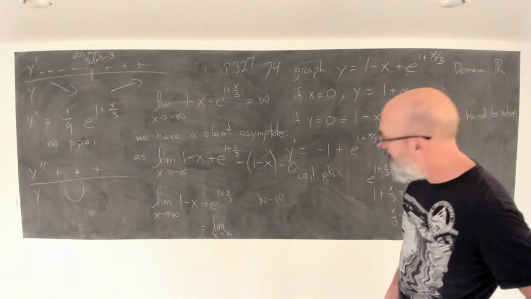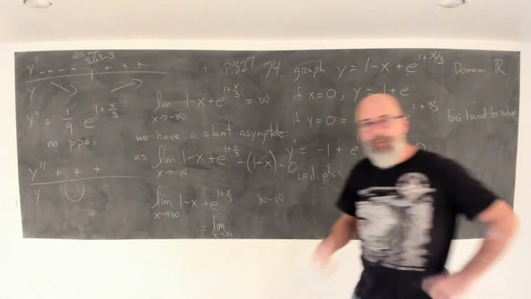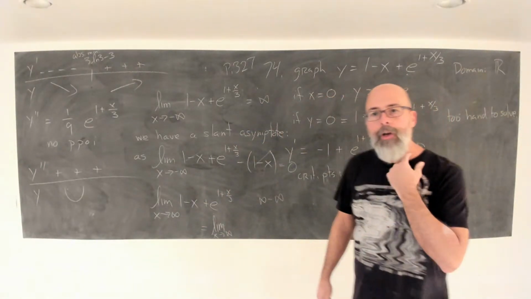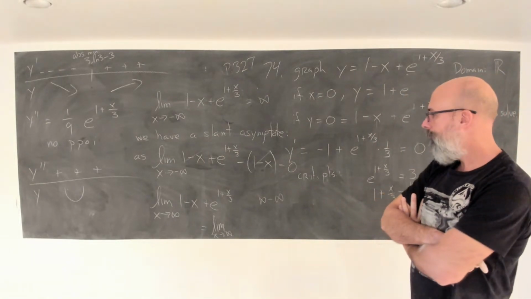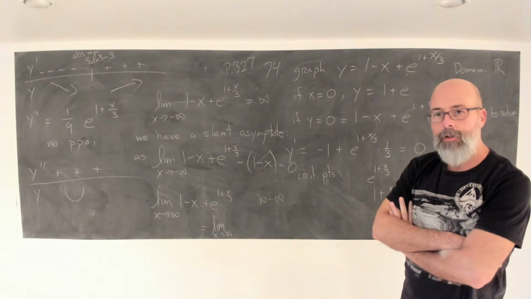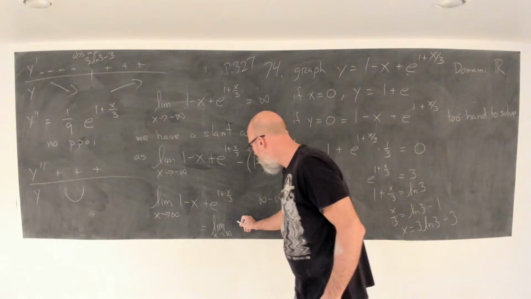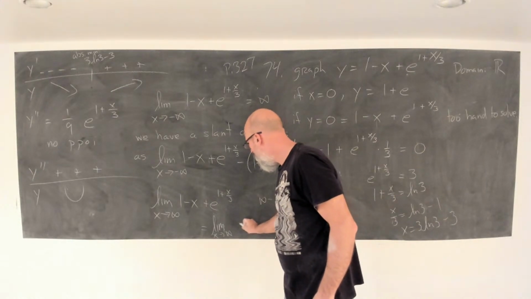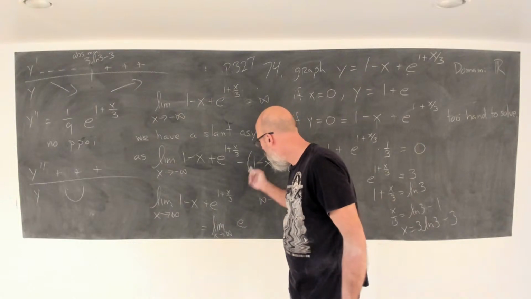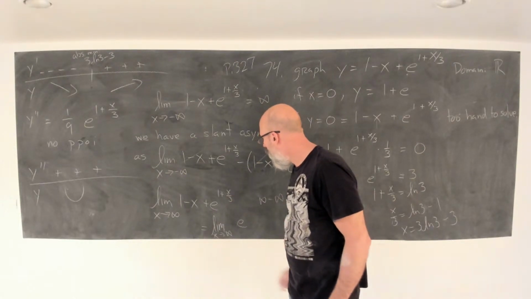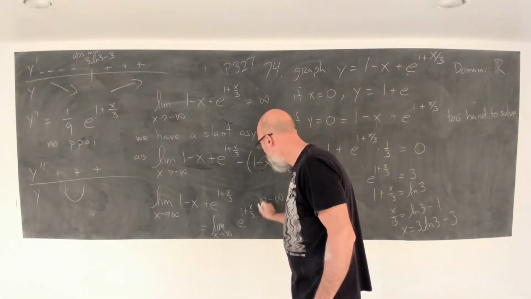No, because it's not multiplication here. If it was multiplication, that would be the way to go. But it's not multiplication. Instead, it's addition. I'm going to suggest factoring out an e to the whatever you want to do, either x over 3 or 1 plus x over 3.